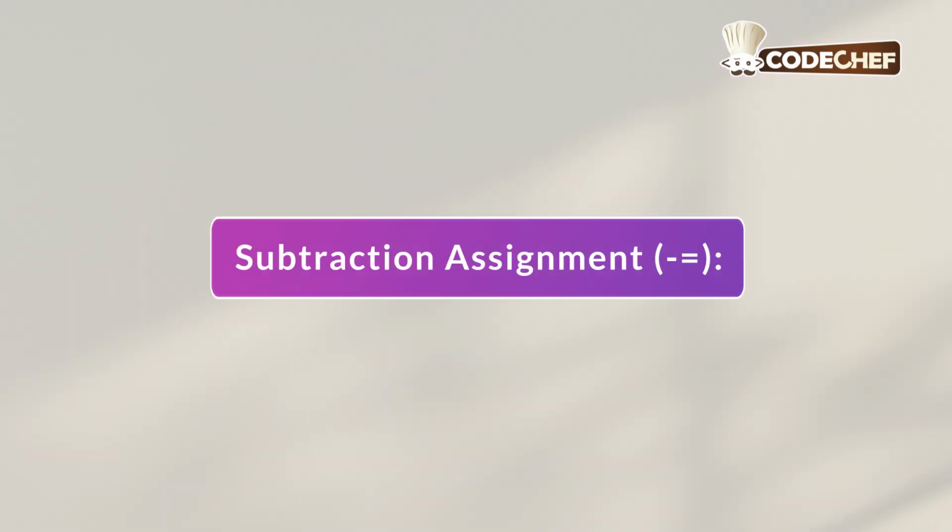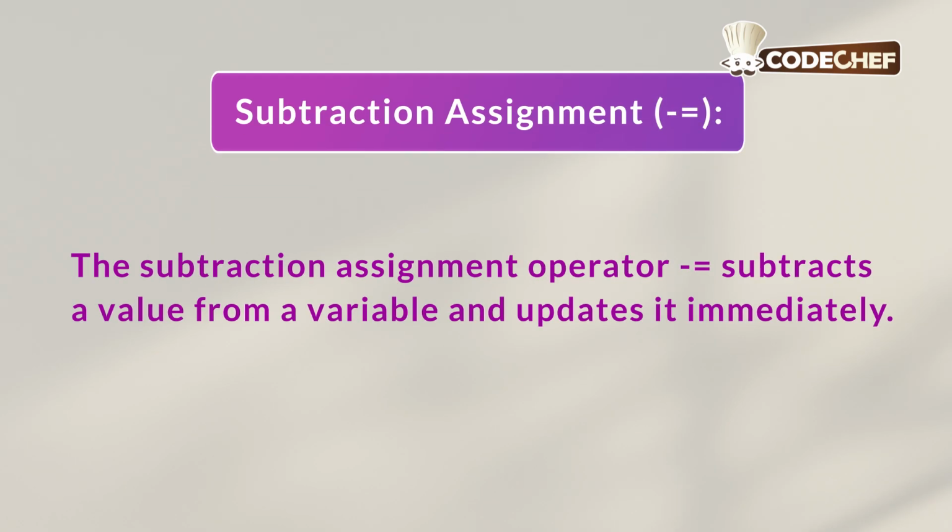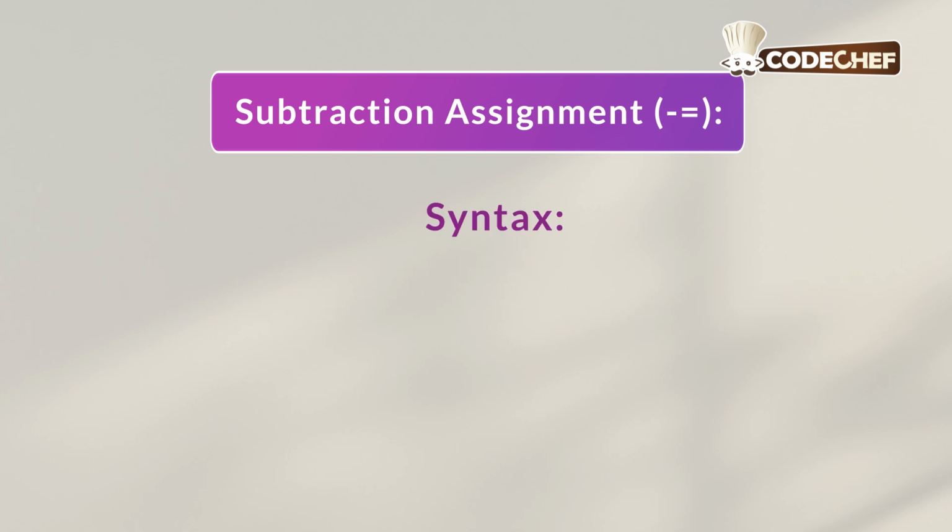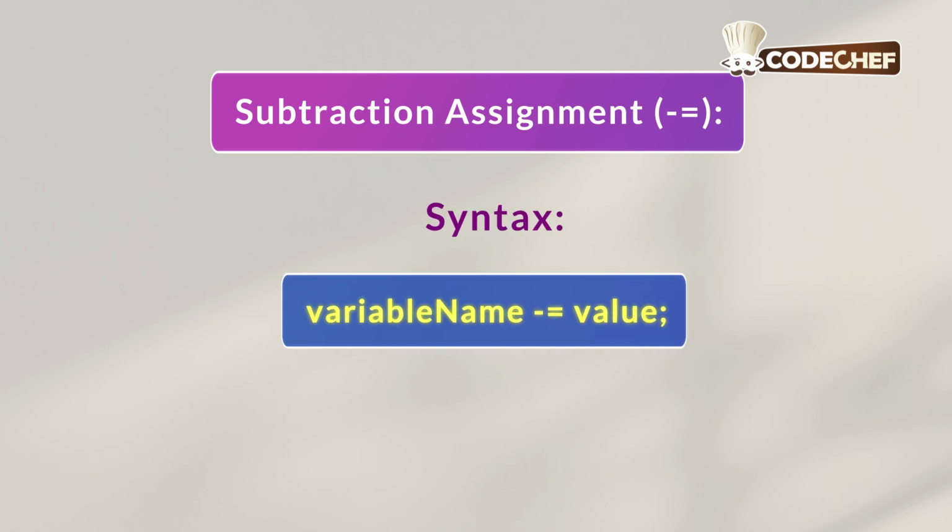Next is subtraction assignment. It is denoted by minus equal to. The subtraction assignment operator minus equal to subtracts a value from a variable and updates it immediately. Syntax is variable name minus equal to value and semicolon. So here, this variable already has some value.